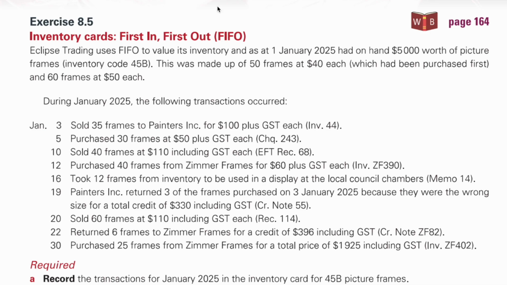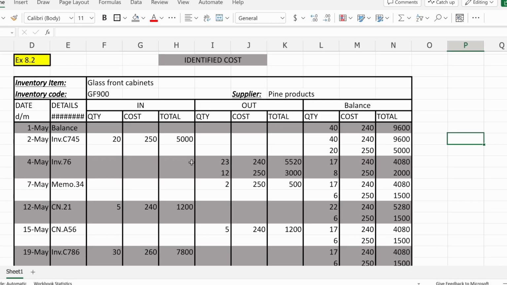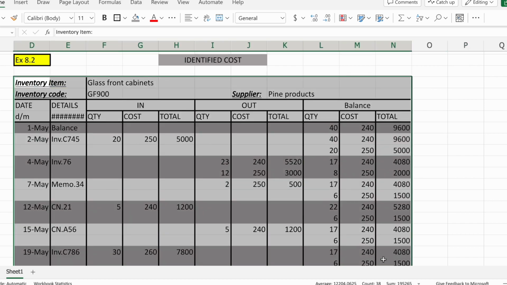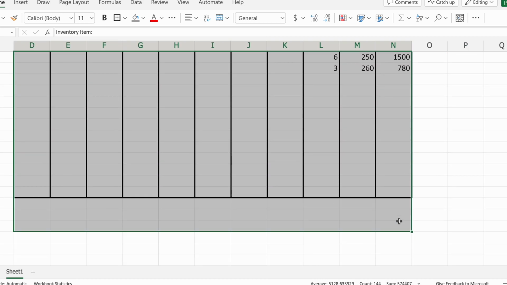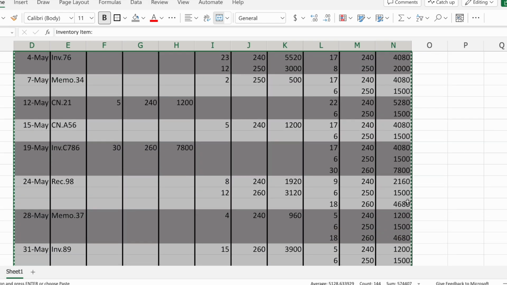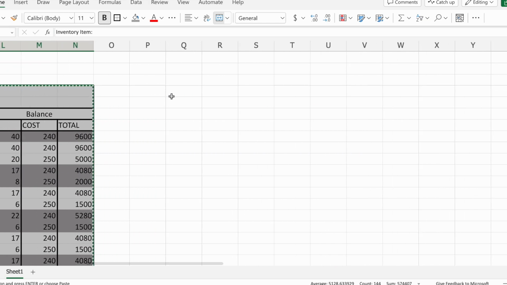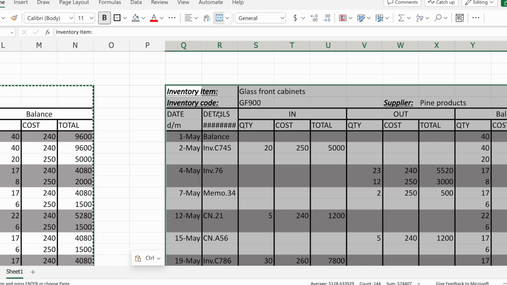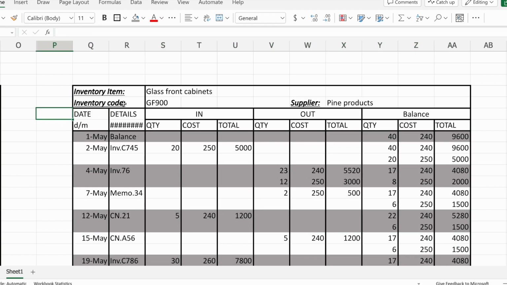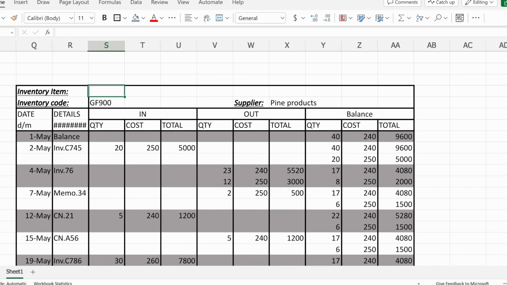Alright, so let's make another inventory card. So this time just copy this and we'll paste it here. Now we'll cancel all of this.